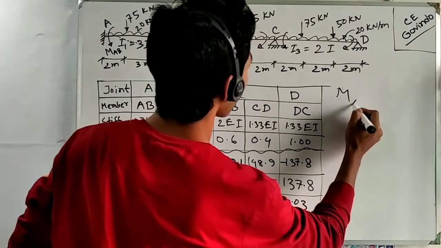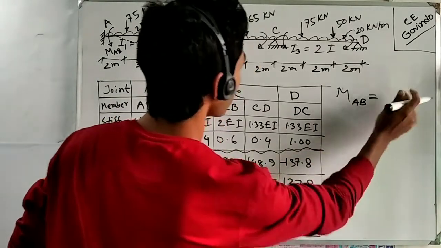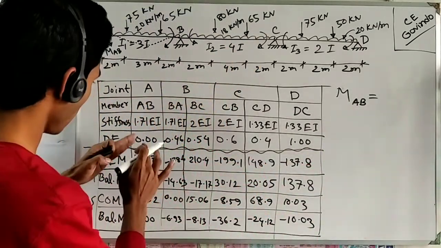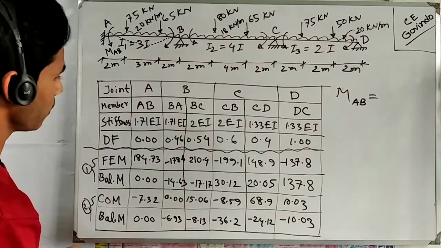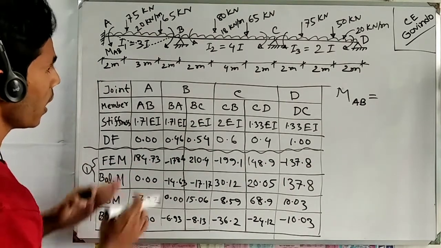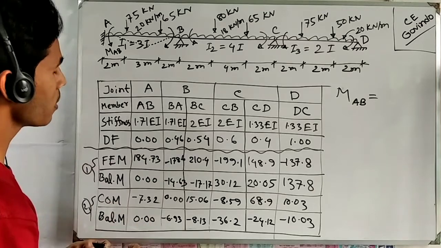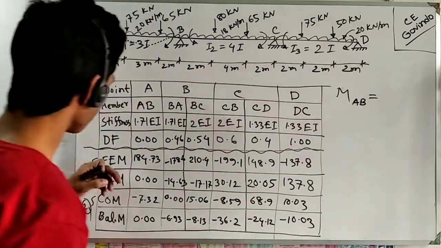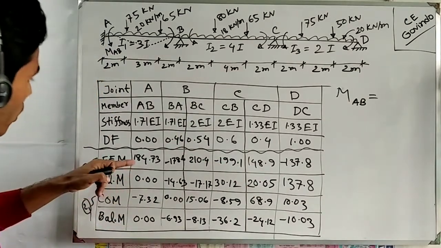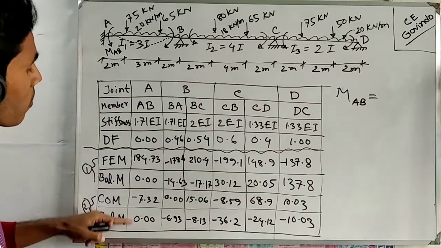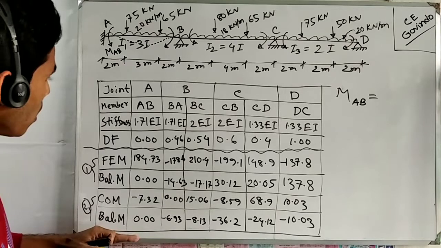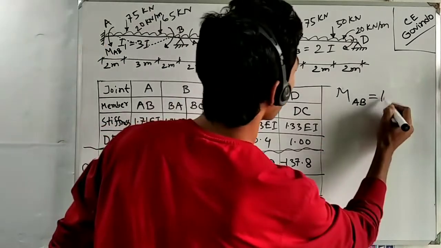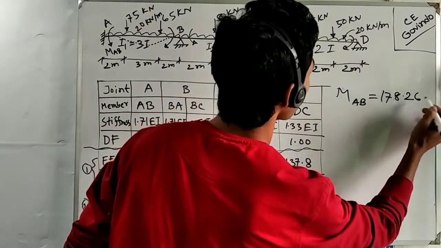for the AB member, the final moment will be, I'm just going to write the answer after completing this table in the same manner and adding all the moments algebraically. The value I am going to write just here is 84.73 plus this one plus this one plus this one, and so on, 178.26.